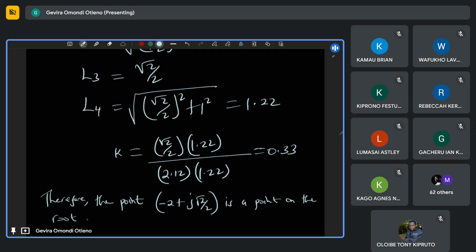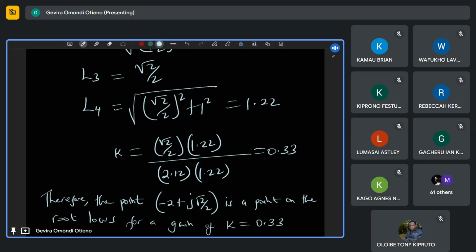It is a point on the root locus for a gain of K equals 0.33. That is it. So that qualifies the angle and the magnitude condition. This point now is on the root locus, and the gain at that point is 0.33. So that's very, very important.